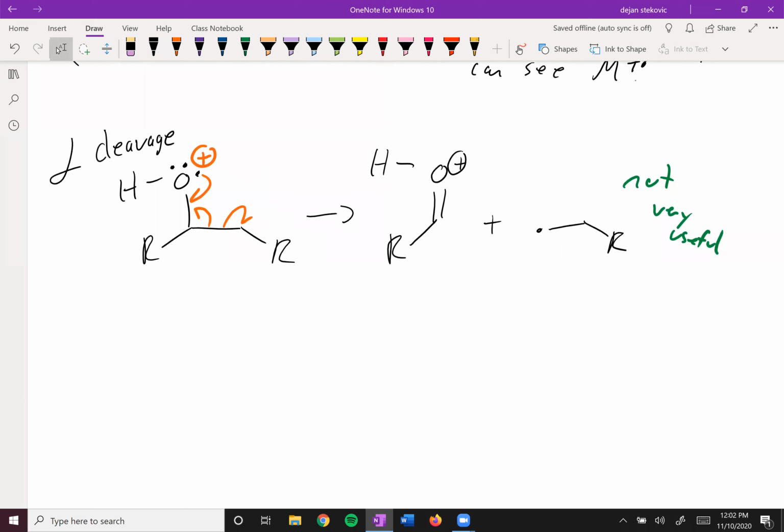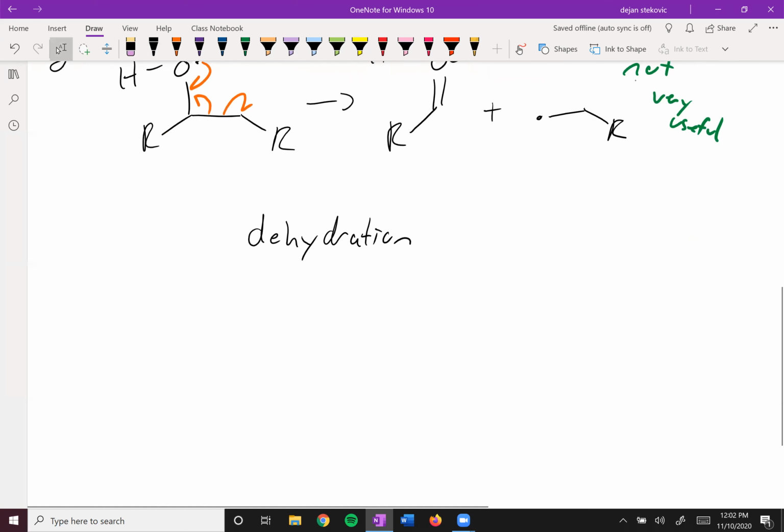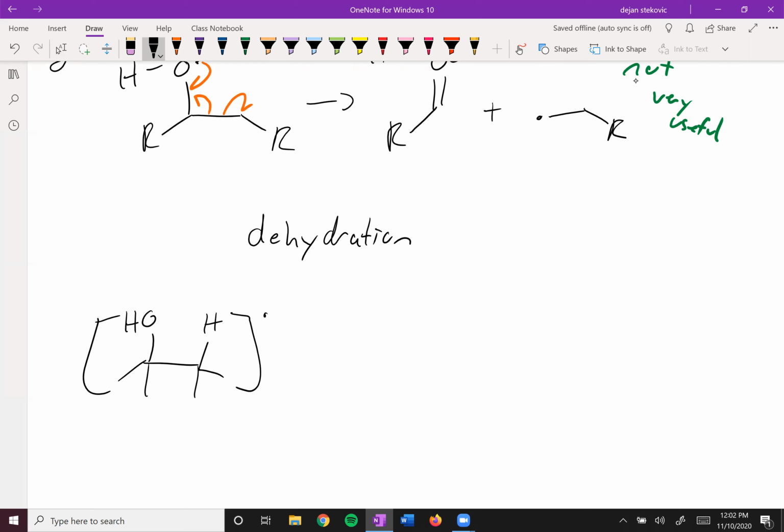Another thing that can occur is dehydration. And so again, we have this radical. And basically what it can do is just undergo a dehydration to form an alkene, and then our water molecule.